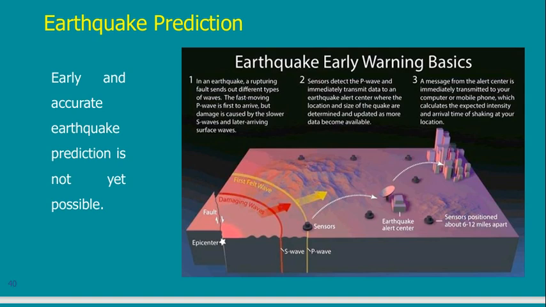We have monitoring stations or recording stations. This recording station can tell other people after it that there is an earthquake coming, and that this earthquake is expected to reach their location. Say I have a sensor here. First the P wave will arrive, then the S wave.